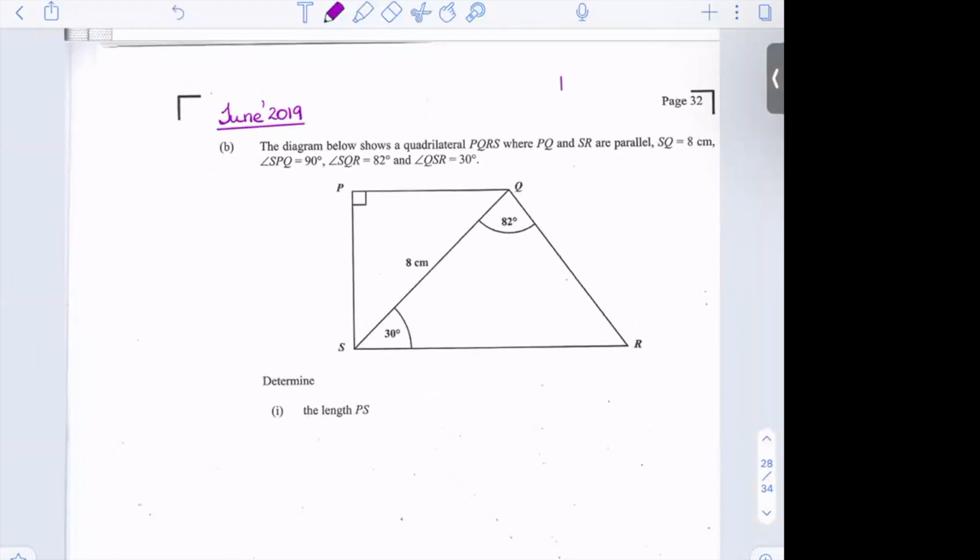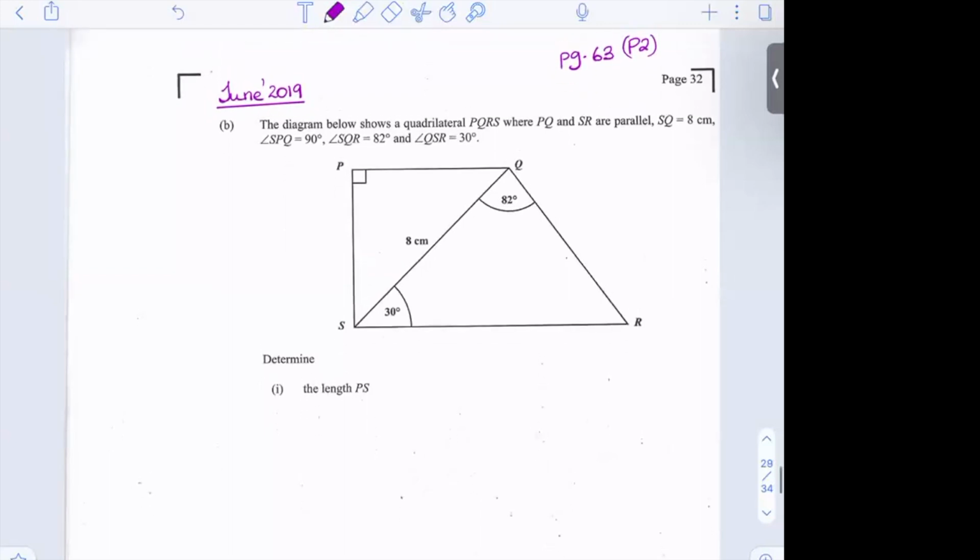Paper 2, right? Yeah, but what page will question 9 be on? 63, miss. All right, thank you. Find in your booklet page 63 in the paper 2. Is it all found? Yes, miss.